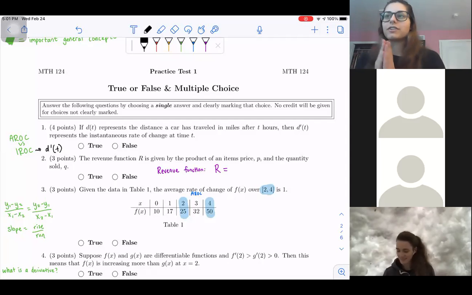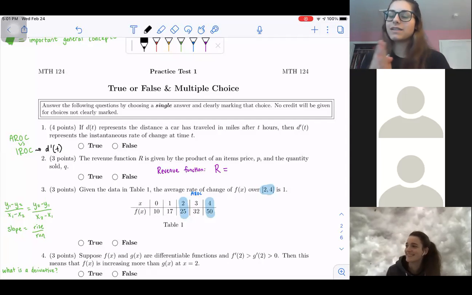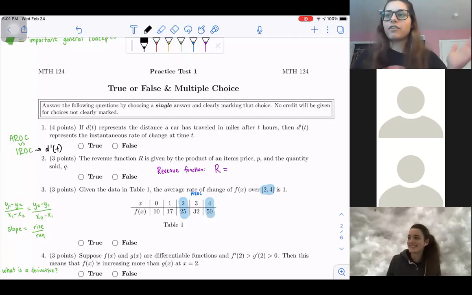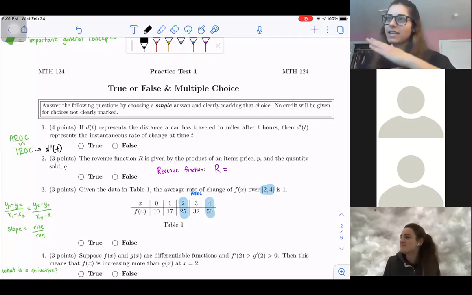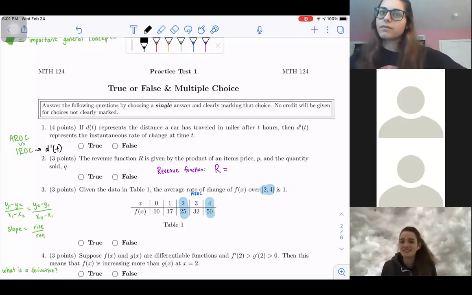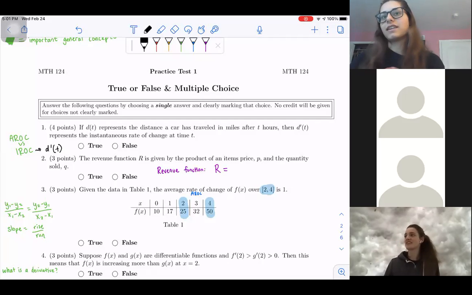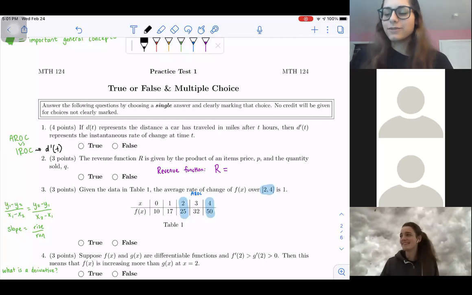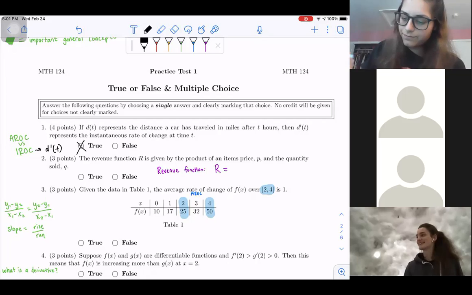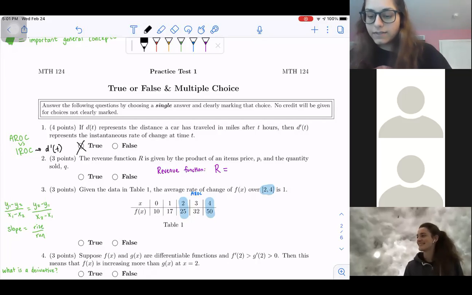So those 2 points can be really close together, which would give us an estimation of the instantaneous rate of change. Or those 2 points might be far away, which would give us a secant line. So average rate of change is different from instantaneous rate of change. I'm pretty sure that concept will come up again and again, so just make sure you know that one. So number 1 is true. The instantaneous rate of change is the derivative.